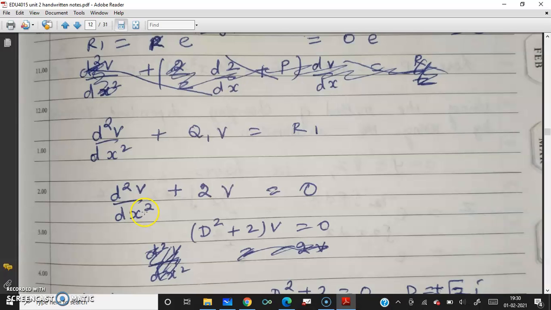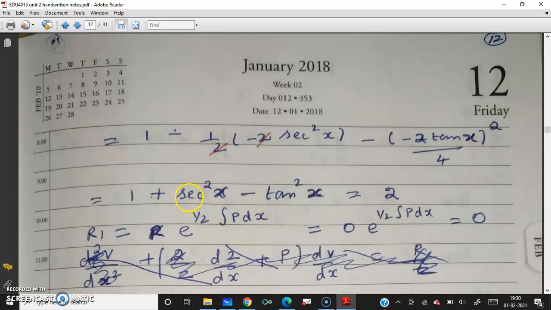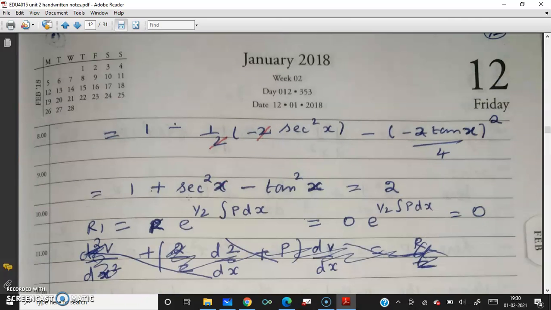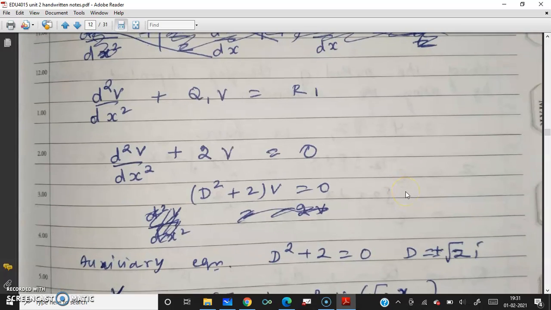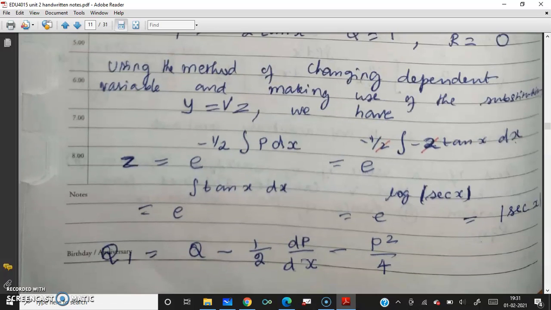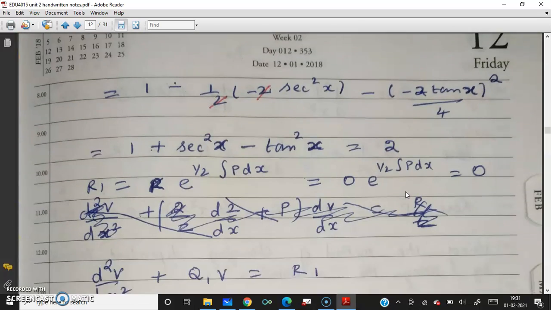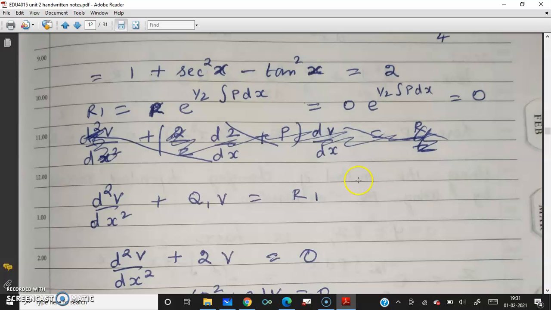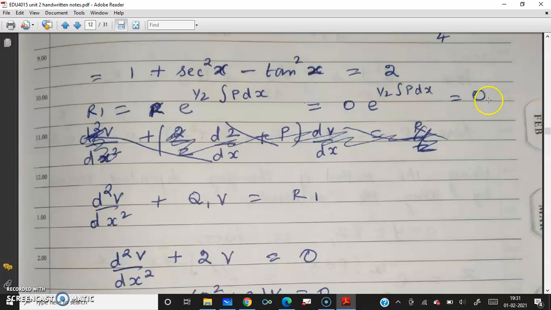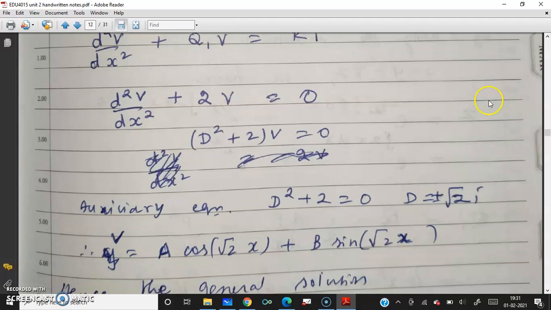Q1 we got as 2, so substitute 2 here. R1 is 0, right? We calculated r1 here. R1 is 0, so substitute.